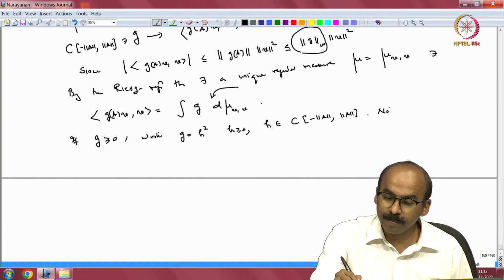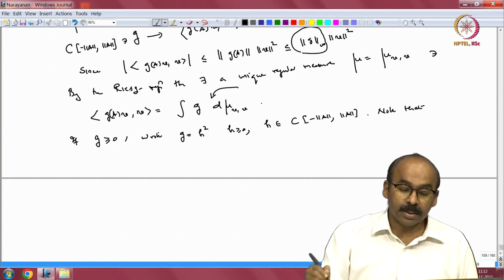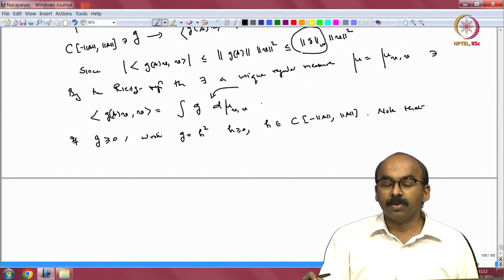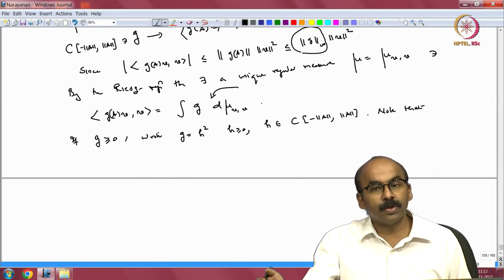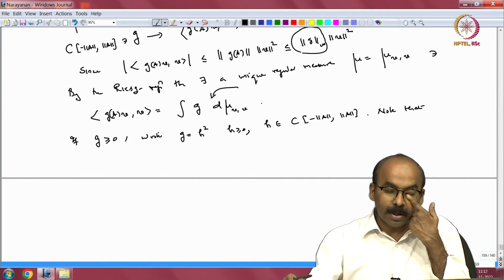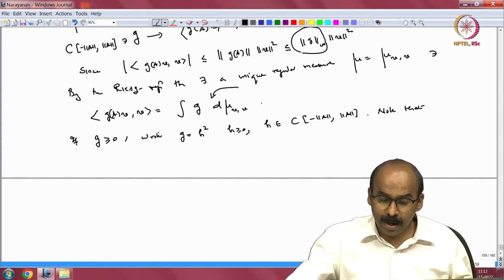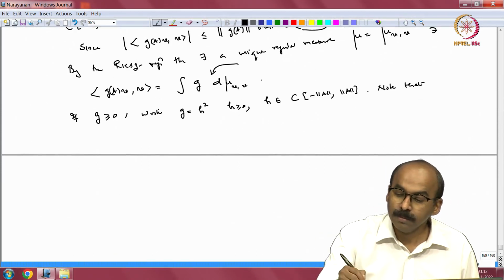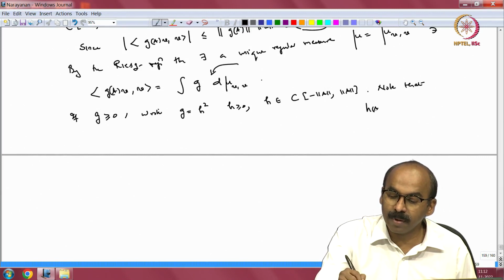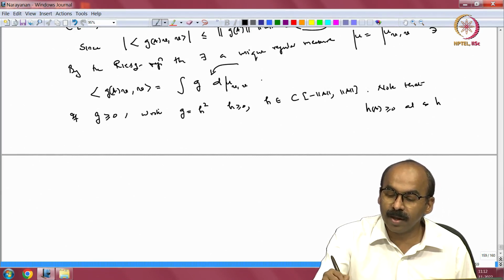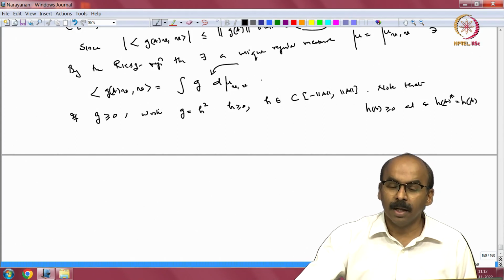note that g is positive, so h is positive. So, the corresponding operators are also positive, right, in particular self adjoint. So, note that h of A is positive, and so h of A star is equal to h of A. So, in particular it is a self adjoint operator.